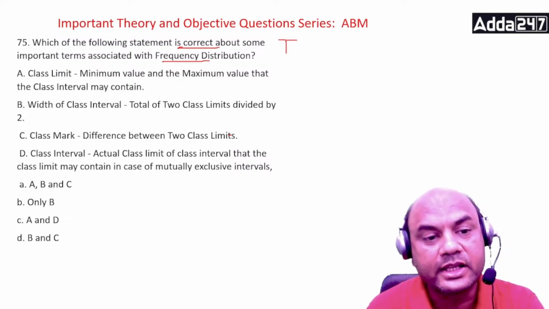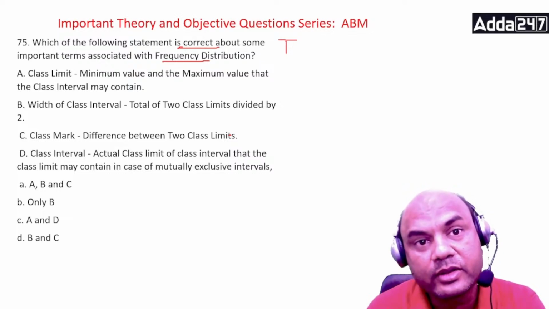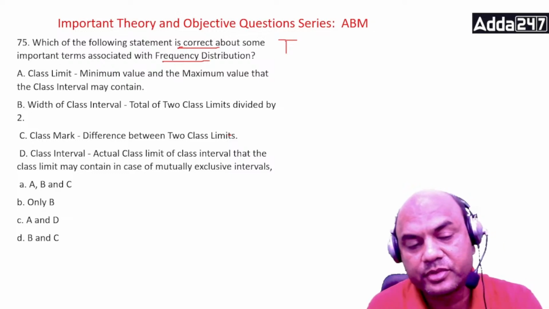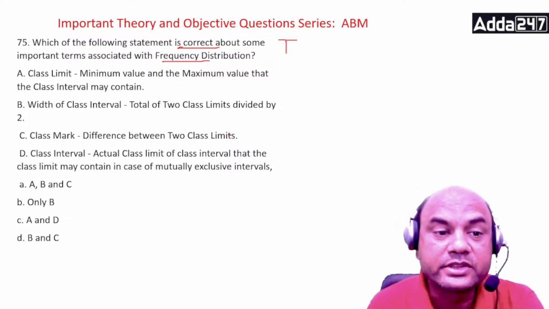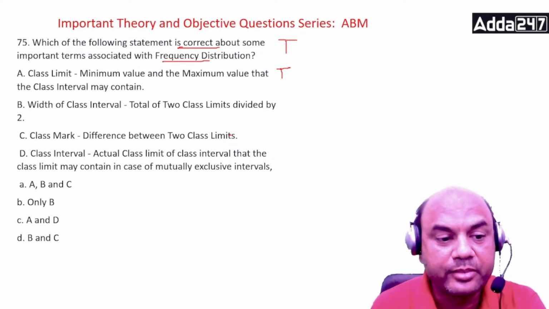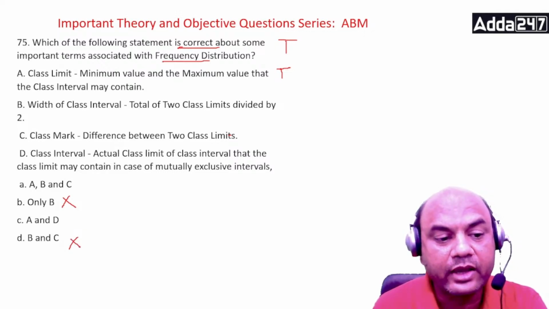Class limit means the same, minimum and maximum value that a class interval may contain. Got it? So A is true, I'll mark it as true. Now what can be the answers? A, B, C; only B. This is out, this is out. So now the answer is only A or C.